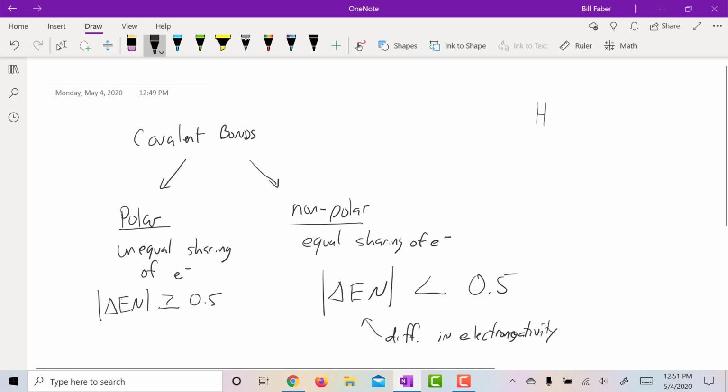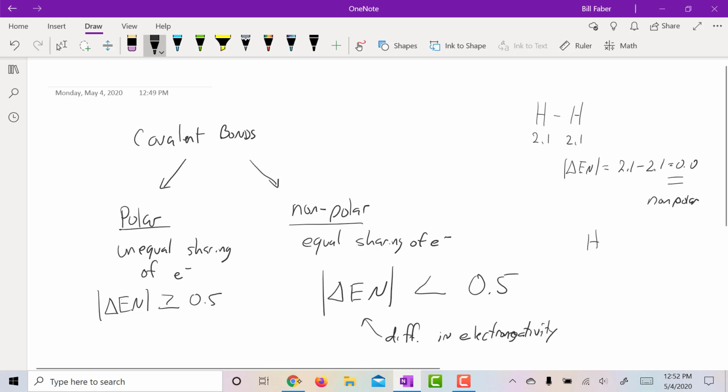But if, for instance, hydrogen bonded to hydrogen, if you looked up that electronegativity, it's 2.1 and 2.1. Well, the difference in electronegativity, that's pretty easy to do, is 2.1 minus 2.1, or 0.0. So we know that that's a nonpolar bond, okay? But what that threshold is, once you get to 0.5, you know that those atoms aren't sharing those electrons as nicely.